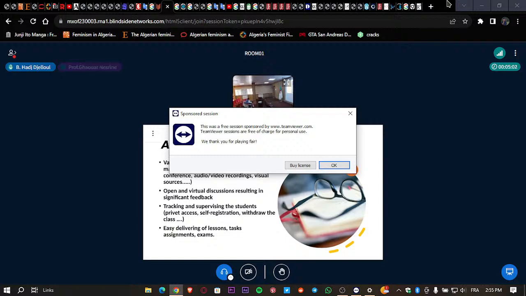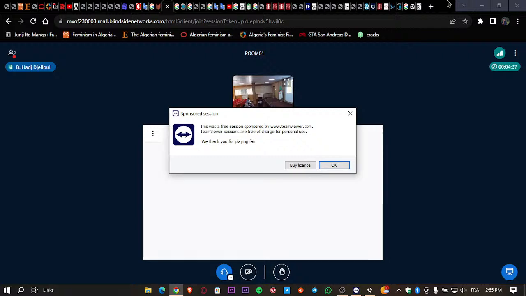Now, the tracking: according to the teachers, they found it easy to stay in contact with their students who are in the process of writing a thesis. So they are always there, always following them. Also, the easy delivering of the lessons, the tasks, and the assignments.